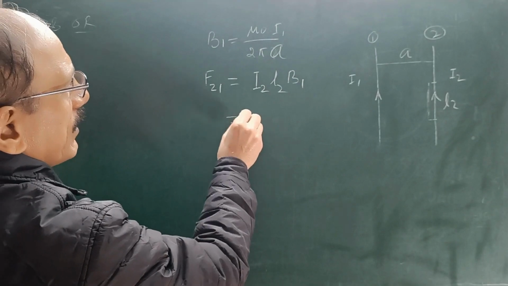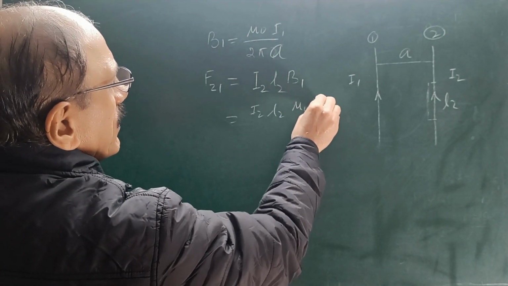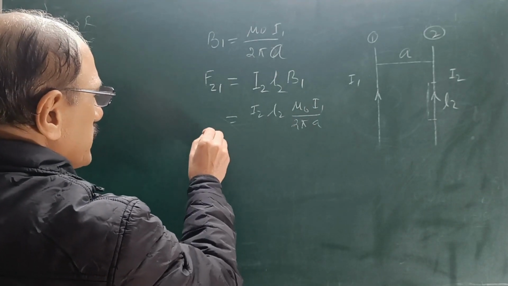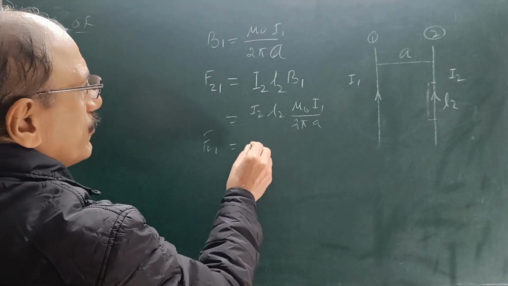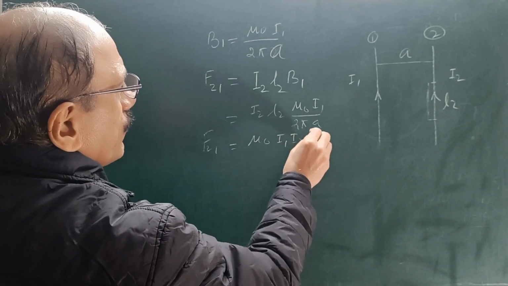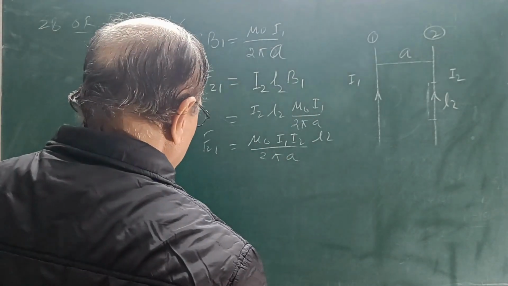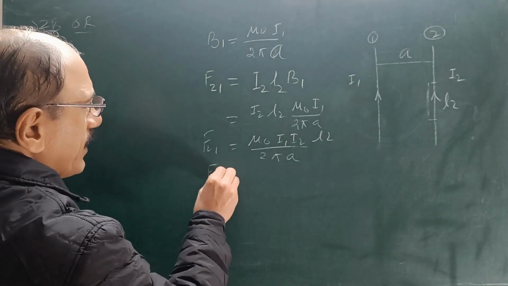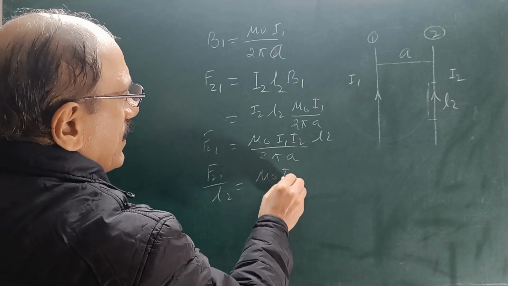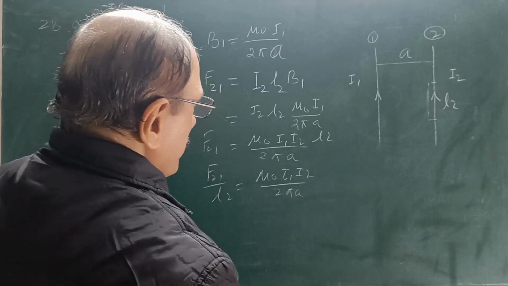So this value will come I2 L2 mu naught I1 upon 2 pi A. So this F21 equals to mu naught I1 I2 L2 upon 2 pi A. So this force per unit length, that is upon L2, will become mu naught I1 I2 upon 2 pi A.